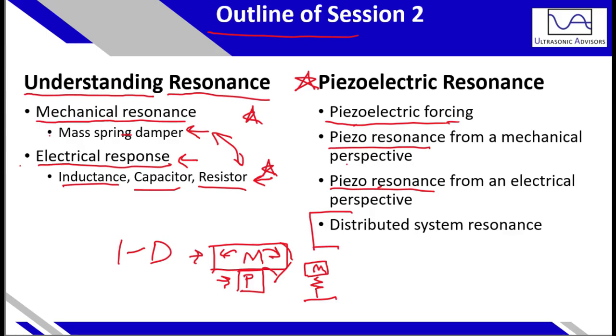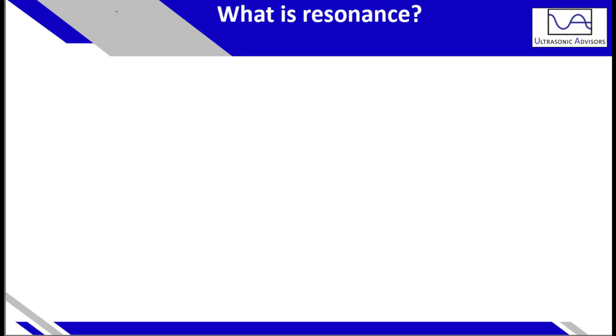It gets to be a little bit more complicated when you talk about distributed systems where there is mass and stiffness present, and also many types of vibrations: bending vibrations, which is called transverse displacement, and also longitudinal sound.